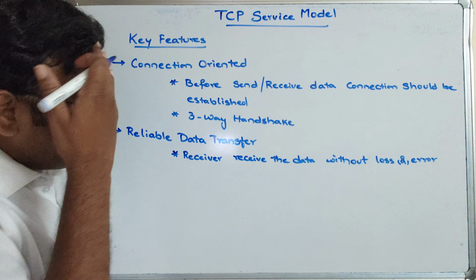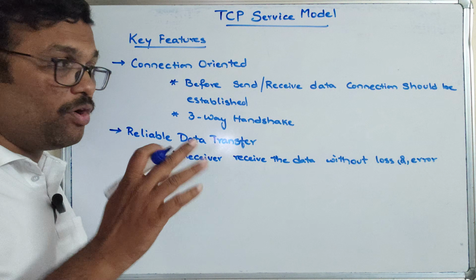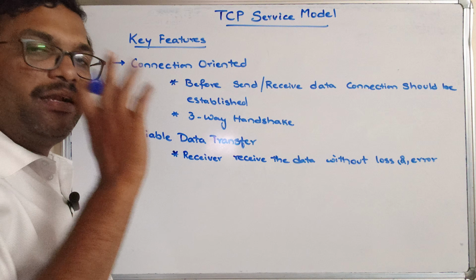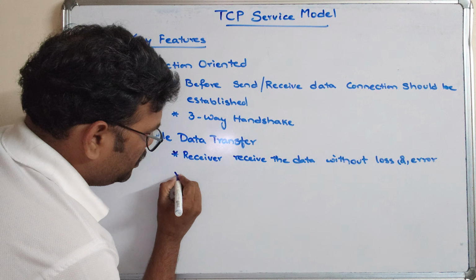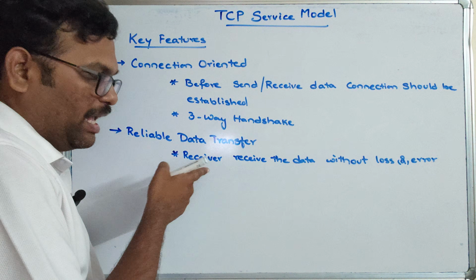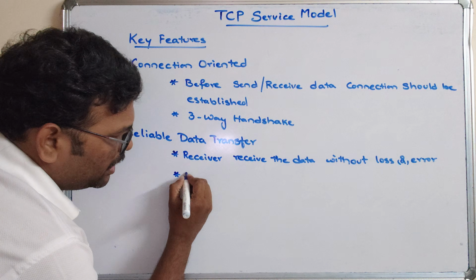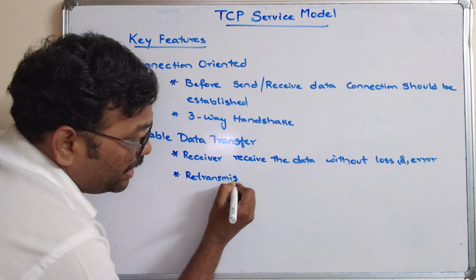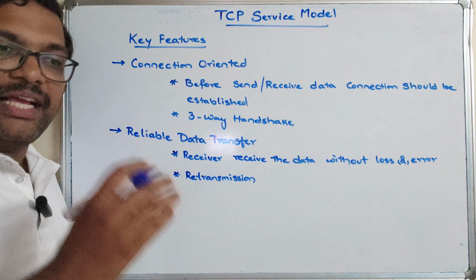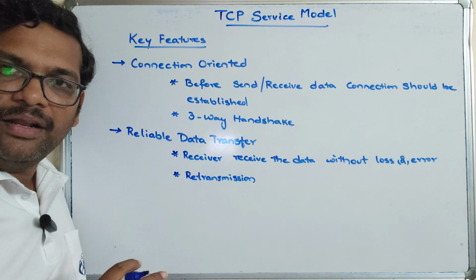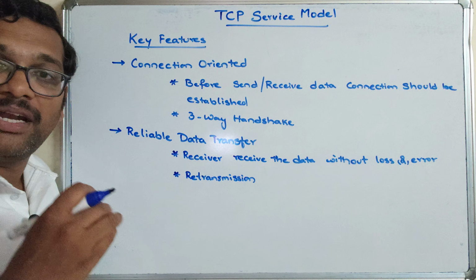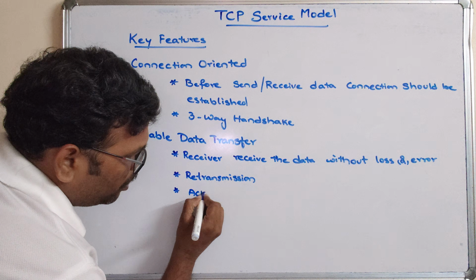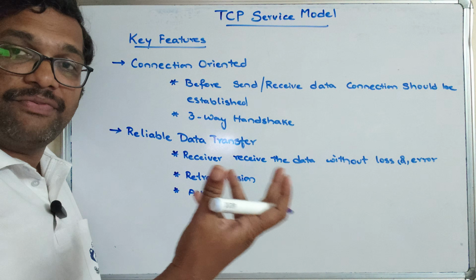Whenever the data is transferred to the destination without any error or loss, we call it reliable data transfer. For this reliable data transfer, it will use retransmission. If any data gets corrupted during transmission, the same data will be retransmitted. And acknowledgement: how can we know that the receiver has received the data?